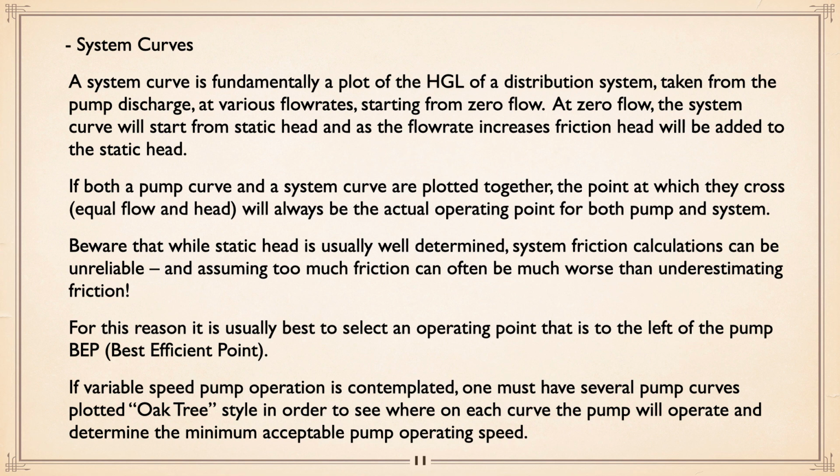That's why pump manufacturers like to see the design point to the left of best efficiency, because that magic friction can disappear or minimize itself quite a bit, and all of a sudden you're operating further out than what you thought. If a variable speed drive comes into operation, you really want to find out what the minimum and maximum speeds are where you're going to operate.